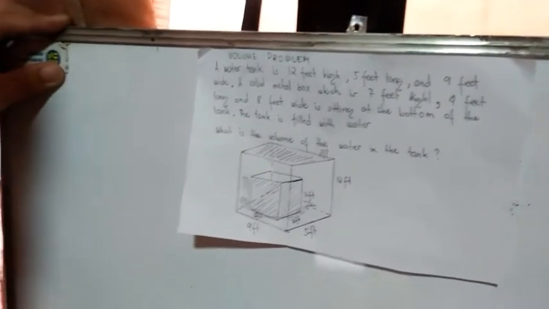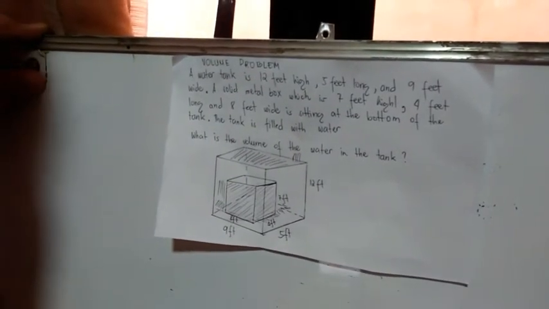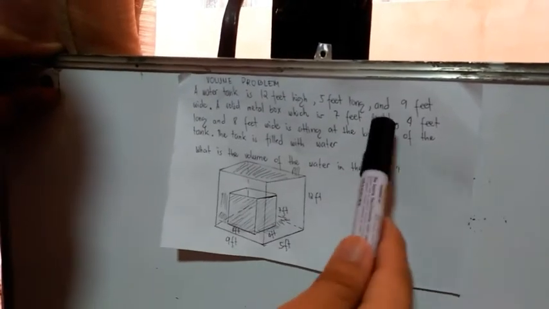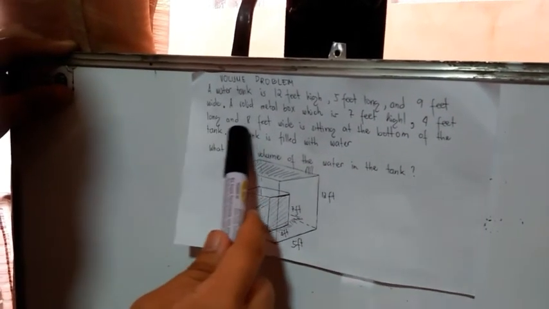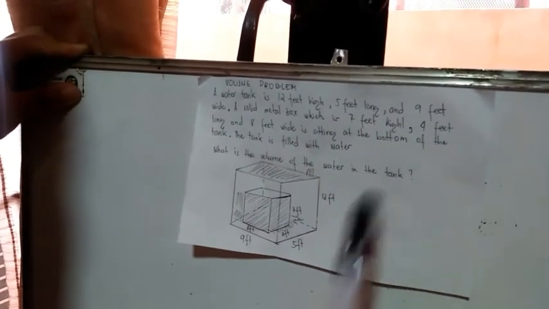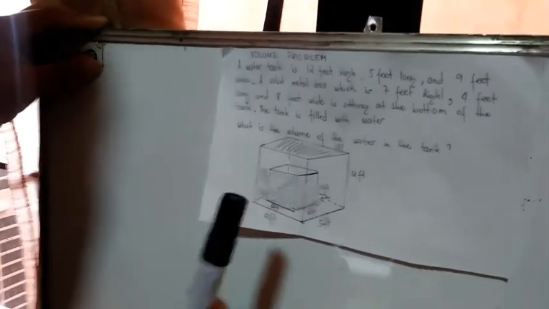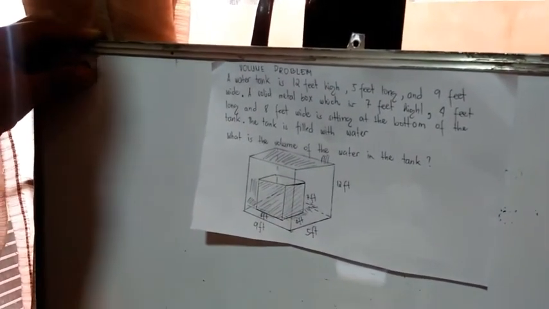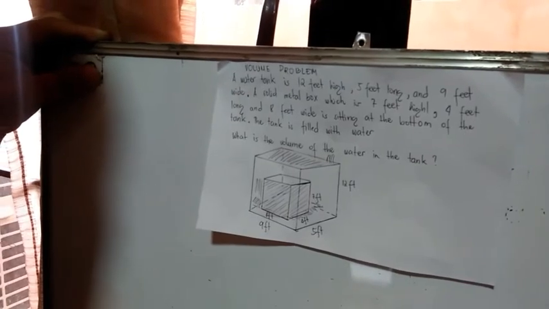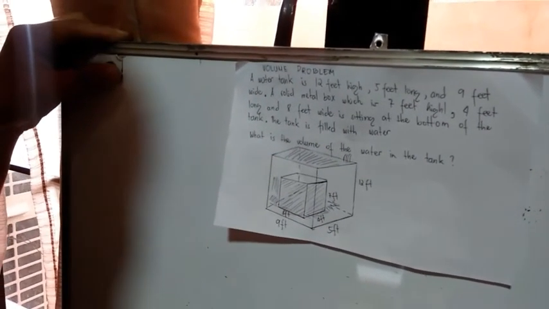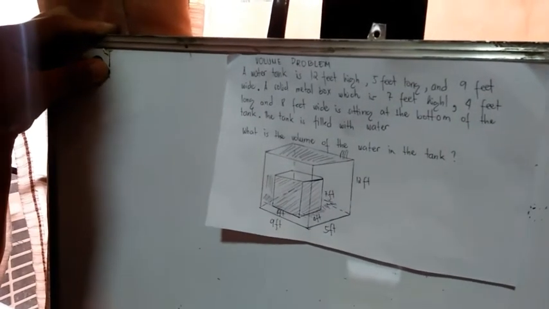So a solid metal box which is 7 feet high, 4 feet long, and 8 feet wide is sitting at the bottom of the tank, inside the tank. The tank is filled with water. So here is the question: what is the volume of water in the tank?